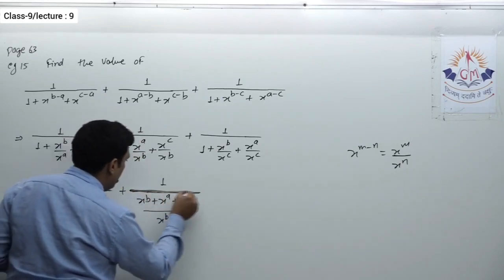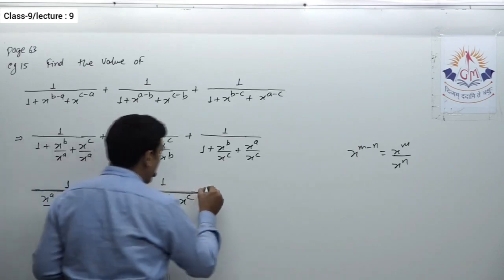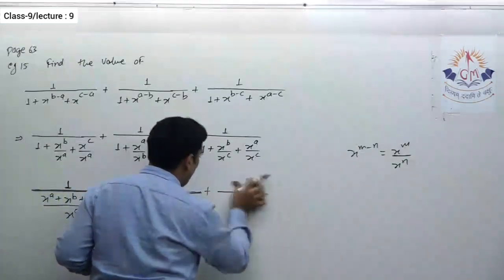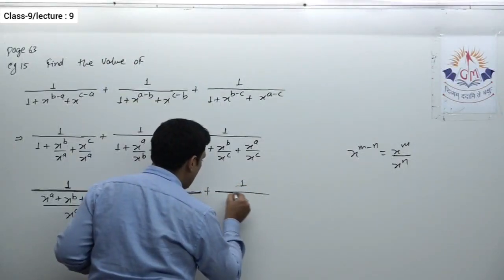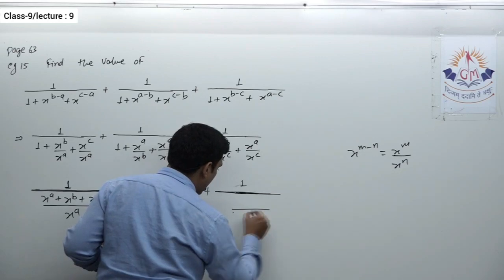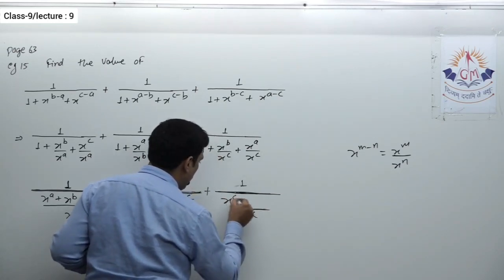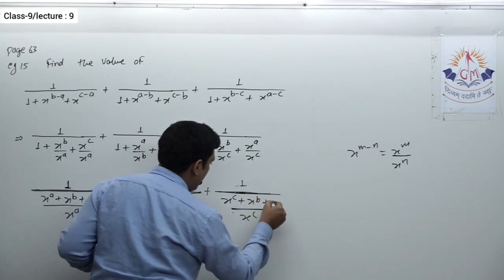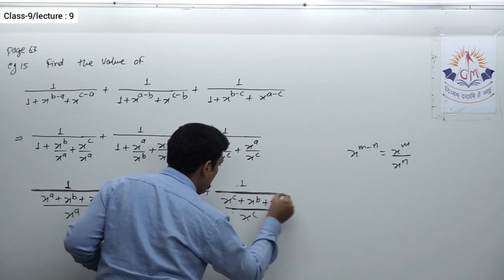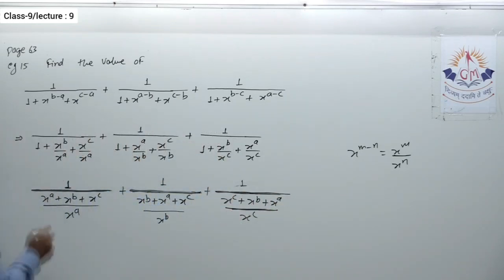I'm making it a little bit dark so that you can understand this is the main denominator. Similarly, here I get 1 upon, because the numerator remains 1, and the denominator is x raised to c, with x raised to c plus x raised to b plus x raised to a. I hope this is clear to you. That was the next step.